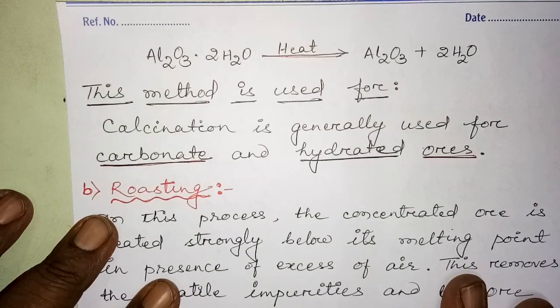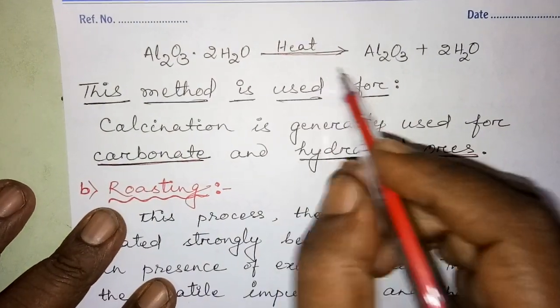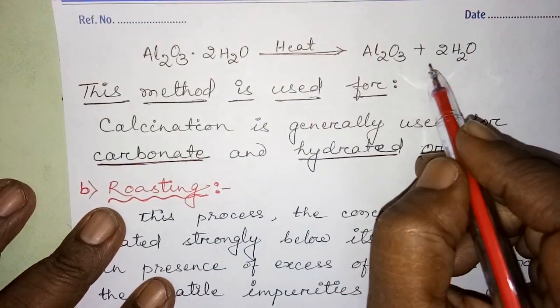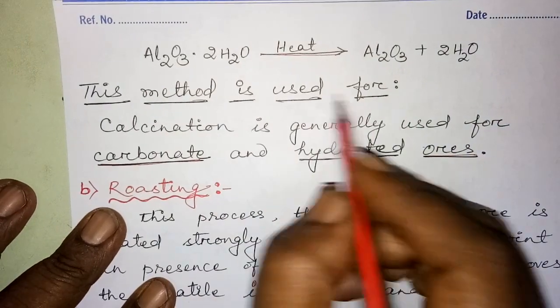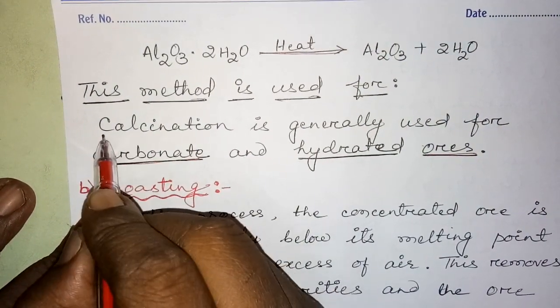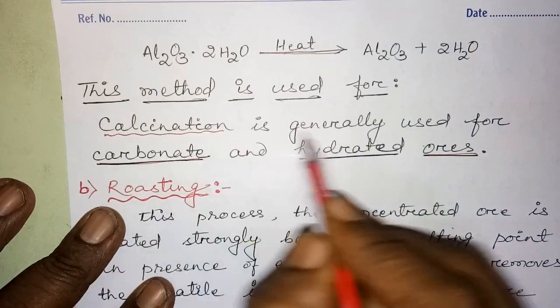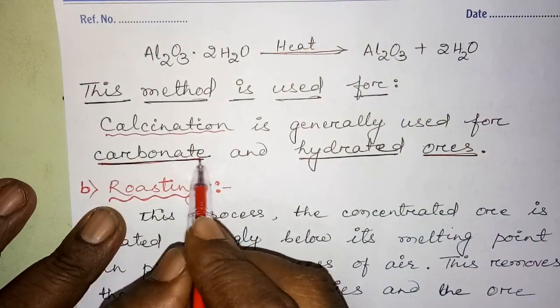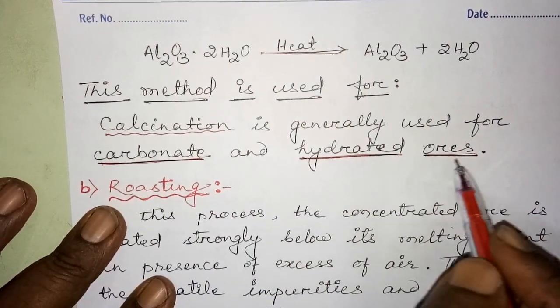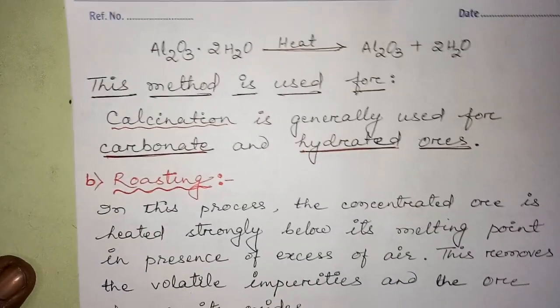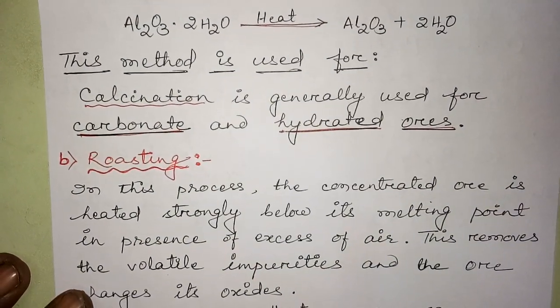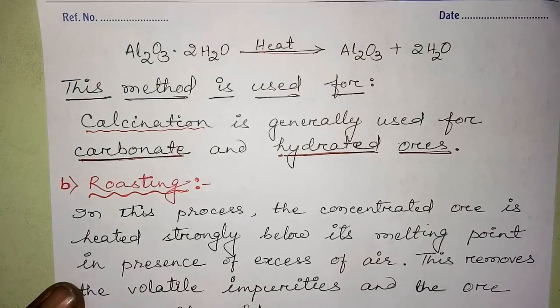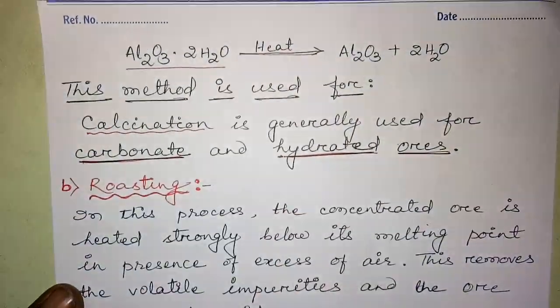What is this? Bauxite, which on heating loses its water molecules. So this method is used for what? Calcination is generally used for carbonates and hydrated ores. As we discussed, zinc carbonate and another hydrated ore, that is Al2O3.2H2O.